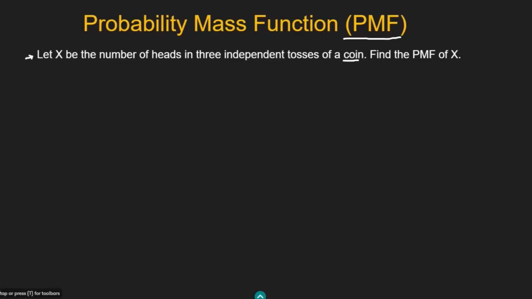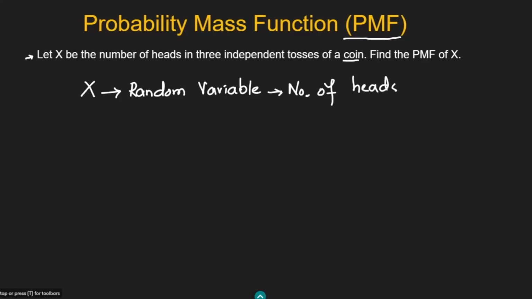We have to find the PMF of X. So X is the random variable here, and this random variable is the number of heads in 3 sequential coin tosses. So this is basically a random variable, and here we have to find the PMF of it.